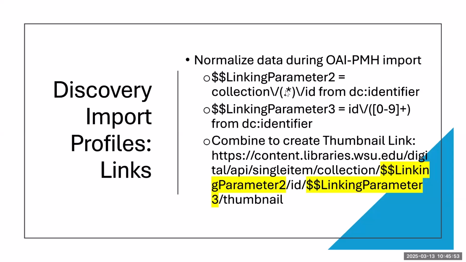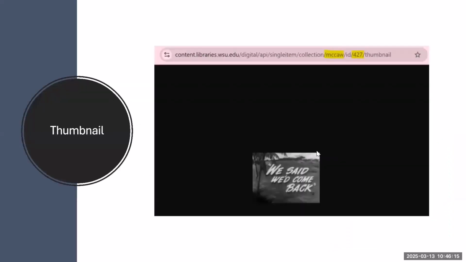So in this case, linking parameter 2 was a variable where I was collecting the collection name from the DC identifier. Parameter 3, I was collecting the ID from the DC identifier, and then stitching that back together where the highlighted parts are to create that thumbnail link. And you can see it in this URL up here, where those two components would have been the macaw and the 427 to bring all that together.